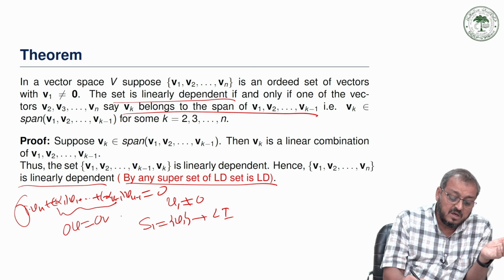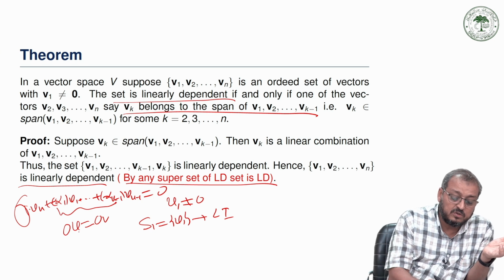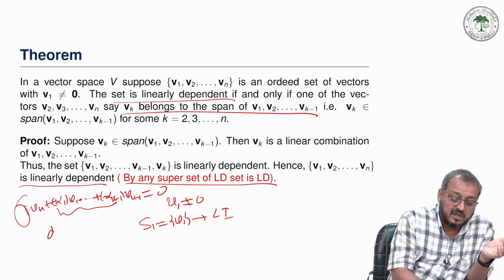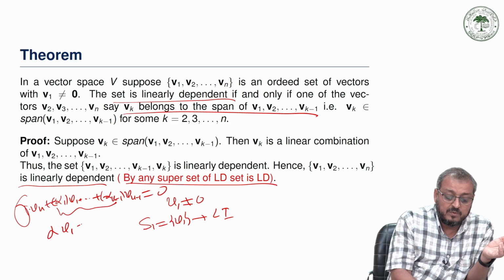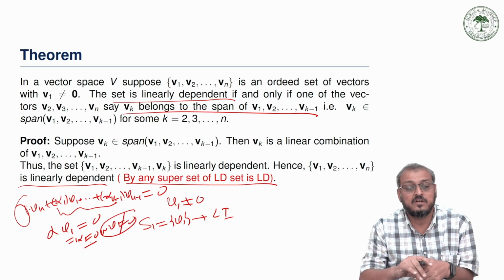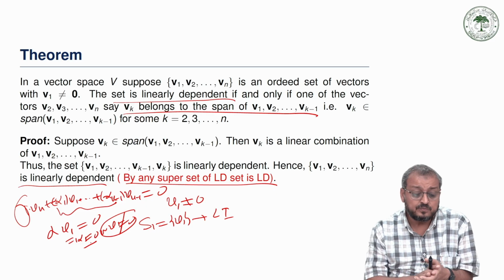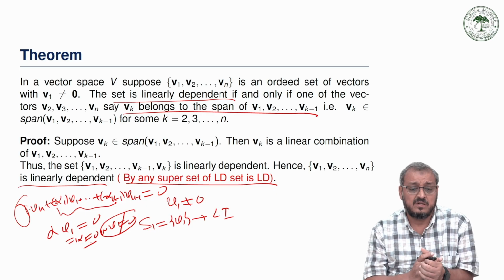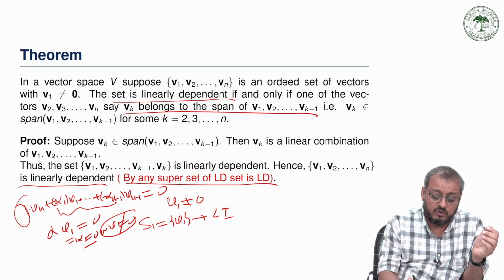Alternatively, alpha v1 equal to 0 implies that either alpha is equal to 0 or v1 is equal to 0, but v1 is not equal to 0, so the only possibility is alpha equal to 0, which means this is a trivial linear combination. This is the way we construct it.